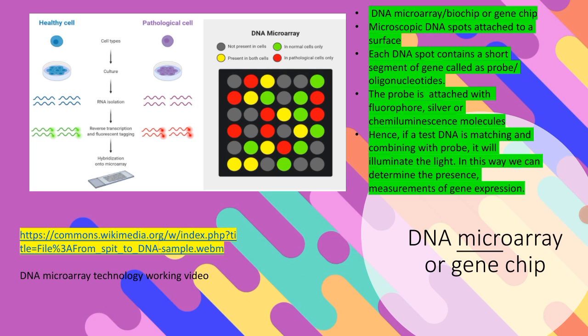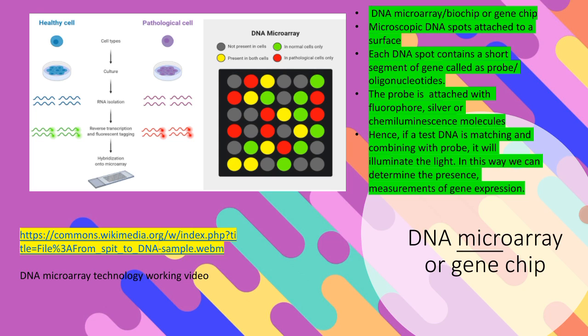So you can see in the picture there is a result diagram of the different spots. The gray color spot indicates that it is not present in the healthy cell and also not in the pathological cell.